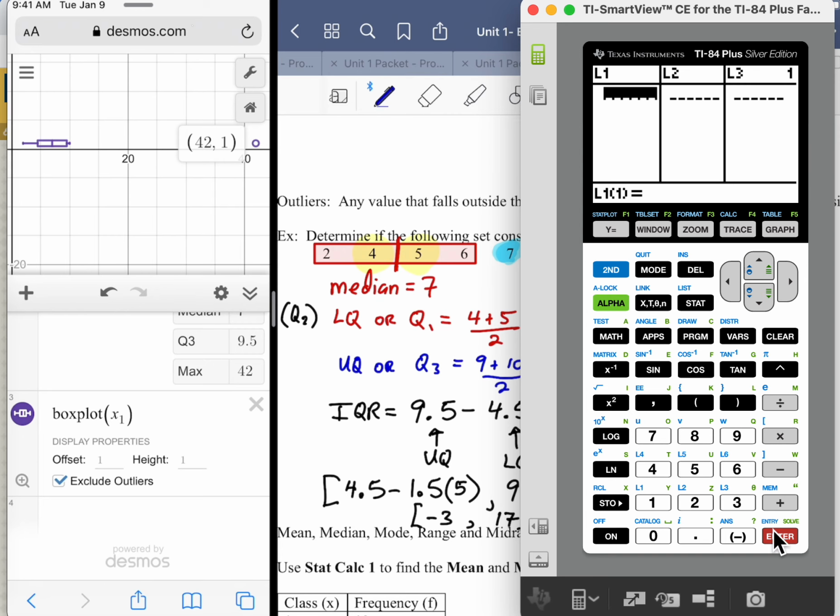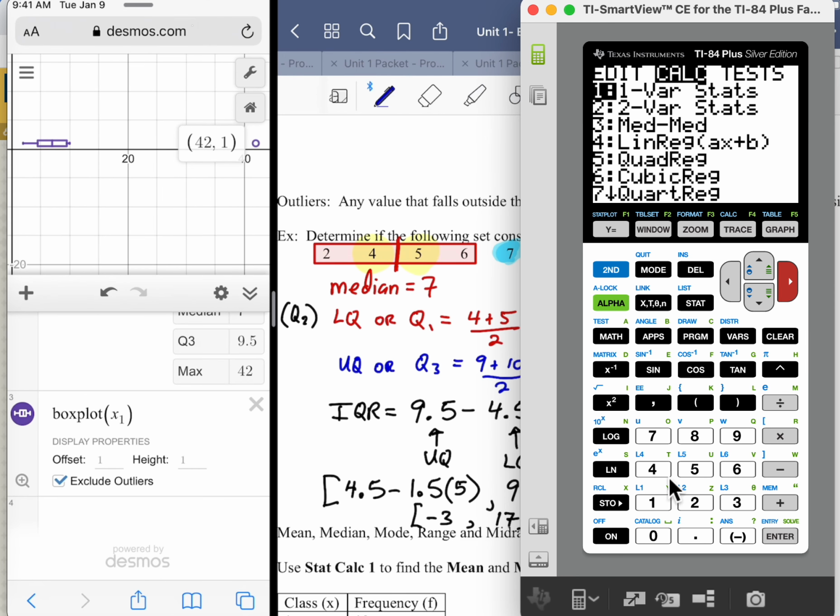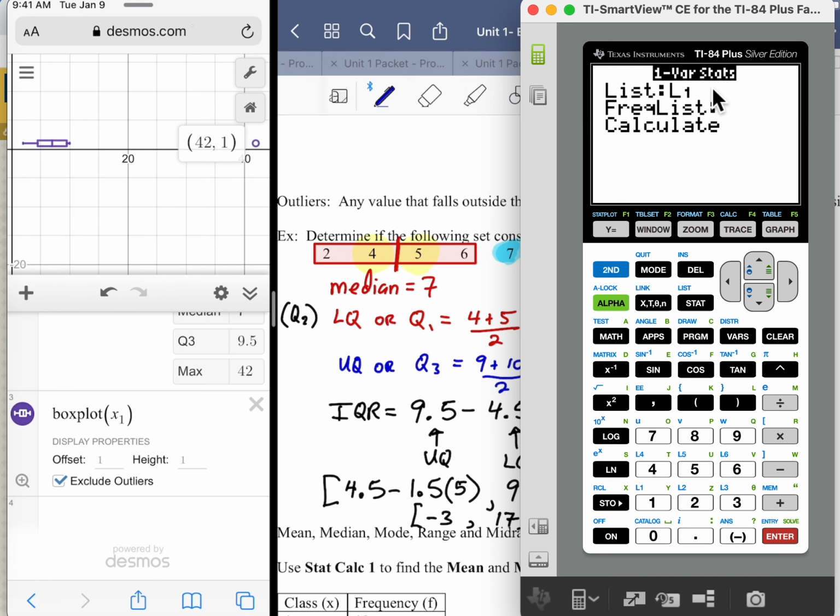It's 2, 4, 5, 6, 7, 8, 9, 10, and 42. So quit out of there, stat, calc option 1, go to calculate.